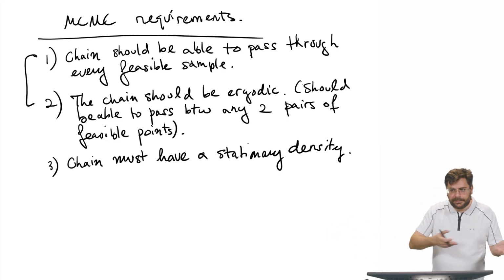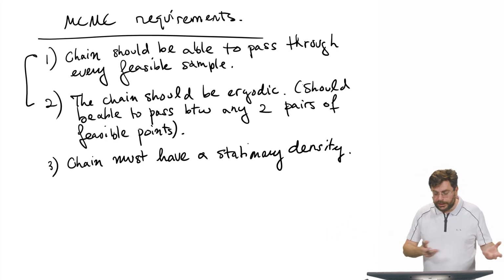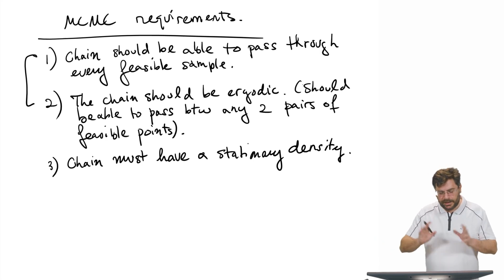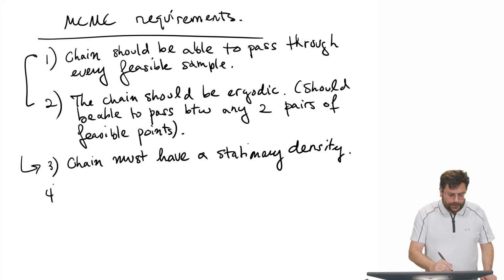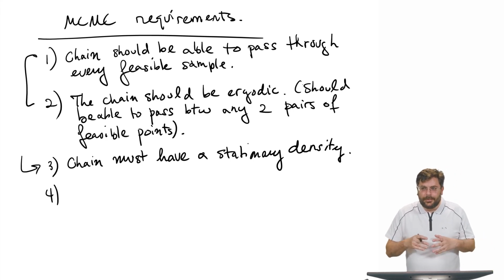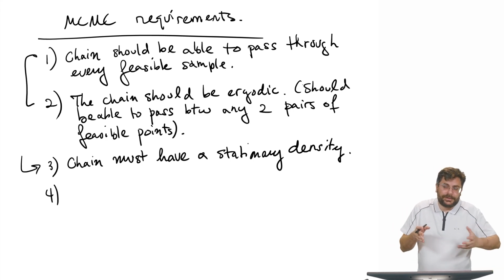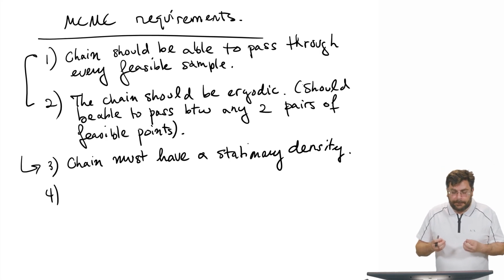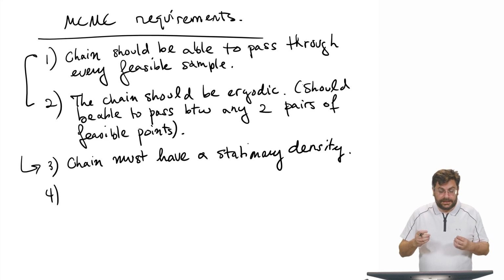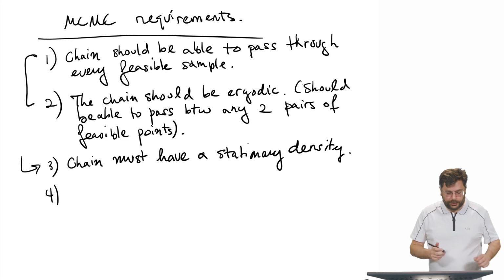At some point, the flux from one region to another needs to be the same. We'll explain this. This will really set what kind of proposal distributions we can use and how we ultimately set our acceptance probability in terms of accepting or not whether we move.